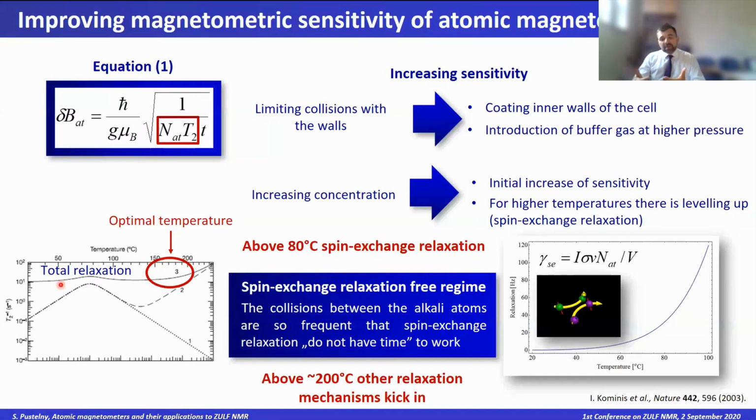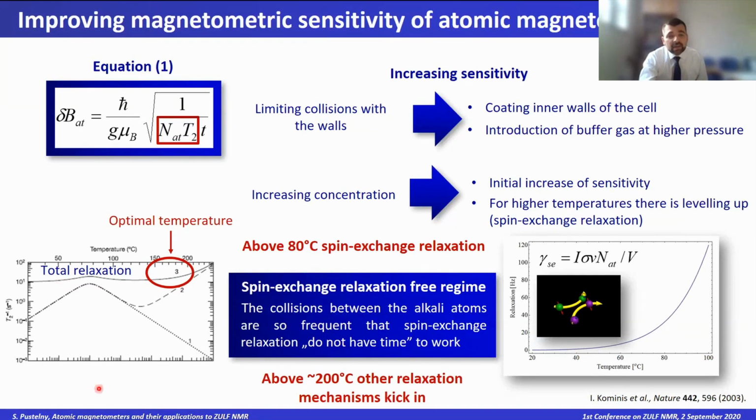So what is happening? Now you switch off the magnetic field, you reduce the relaxation, and you have a lot of atoms. So now you have relative sensitivity, and somewhere above 200, maybe between 150 and 200 degrees C, other relaxation mechanisms are kicking in, and they start to once again deteriorate our T2.